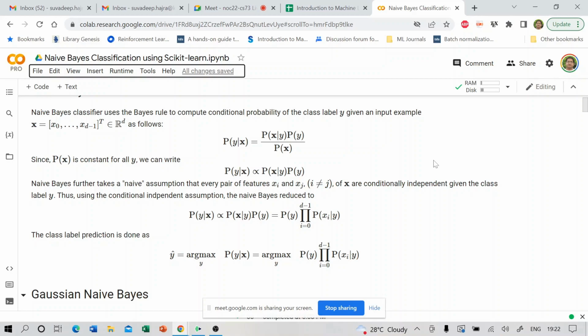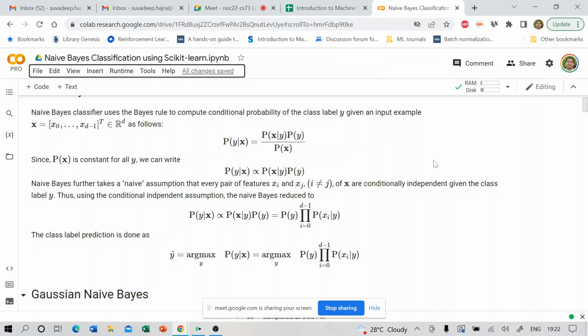Similarly, if xi can be some count, like 1, 2, 3, a count of some events, you can model this probability using a multinomial distribution, and the algorithm is called multinomial naive Bayes. If the xi are categorical data, you can use categorical naive Bayes.